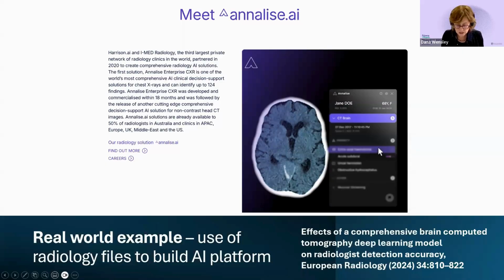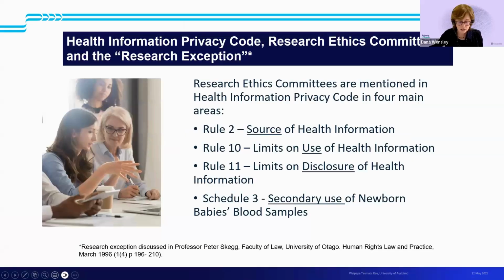So on that note, it's timely to turn to look at the Health Information Privacy Code itself and the role of ethics committees and see what it says. So looking specifically now at the Health Information Privacy Code, we see that it sets out provisions for the handling of information for research purposes.